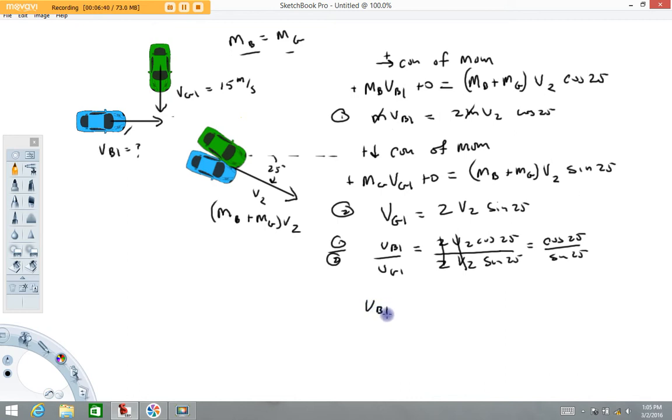So VB1 is going to equal VG1, and I'm going to put a number in now. 15 meters per second times the cosine of 25 degrees over the sine of 25 degrees. I'm going to go ahead and calculate a value for that.